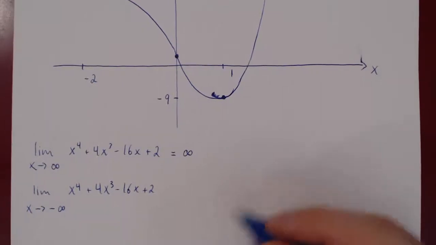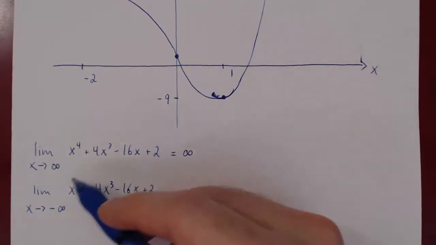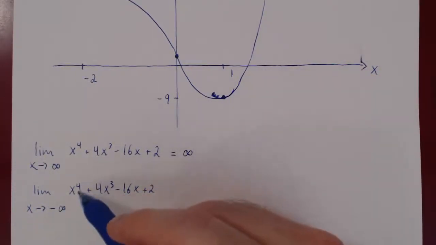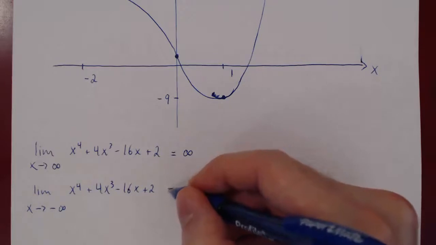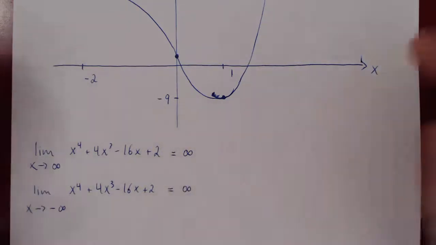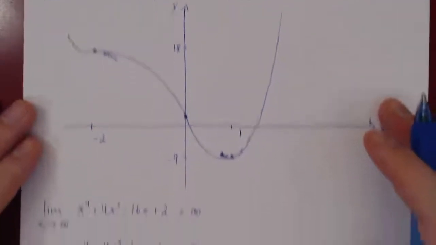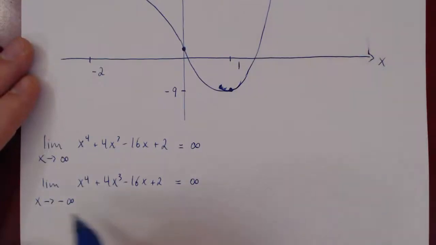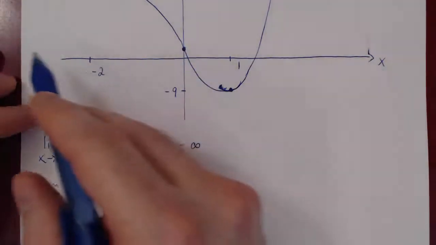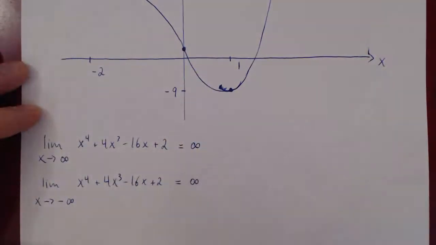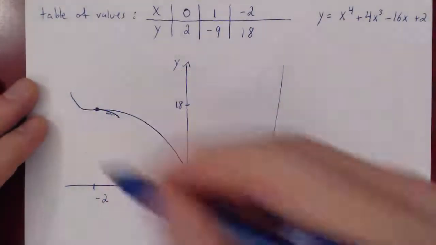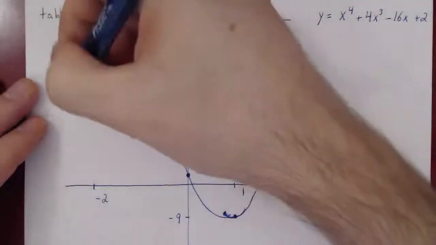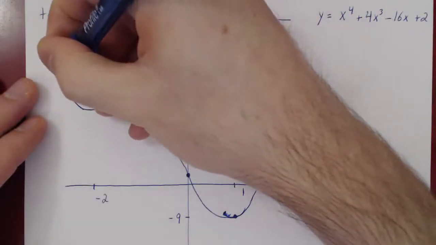Once again, we have a polynomial, so only the largest power of x matters, and because 4 is even, as x goes to negative infinity, x to the 4 goes to positive infinity. And so we do not have a left horizontal asymptote. As x goes to negative infinity, y blows up to positive infinity, which was rather clear from the shape of the graph here. So it's decreasing and concave up forever.